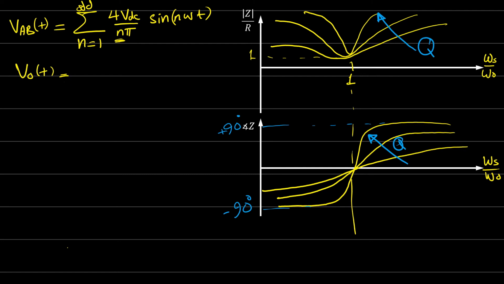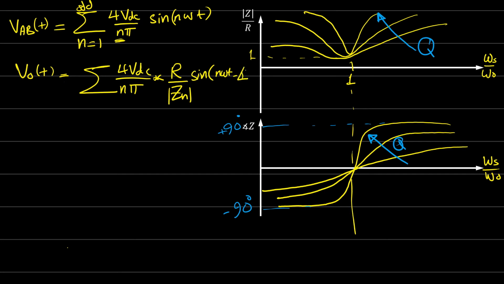V out is equal to 4 VDC over n pi times R over Zn sine n omega t minus the angle of the impedance. Okay, and this is for n equals 1 for the odd values. Now for the nth harmonic, V out is equal to how much?